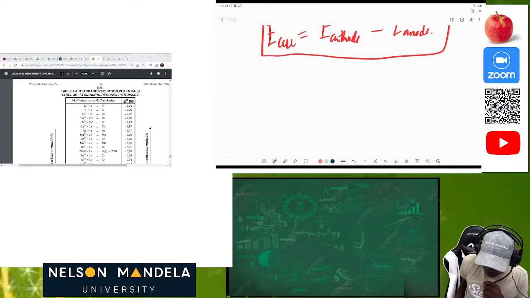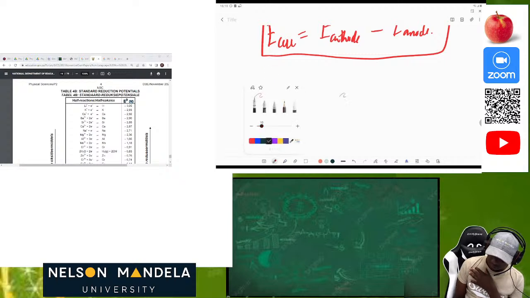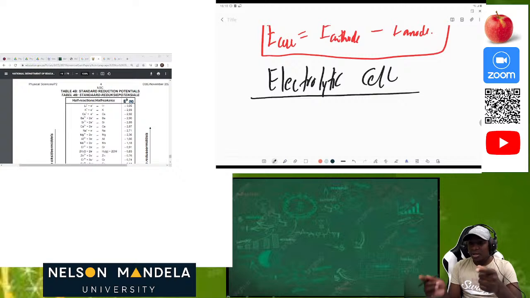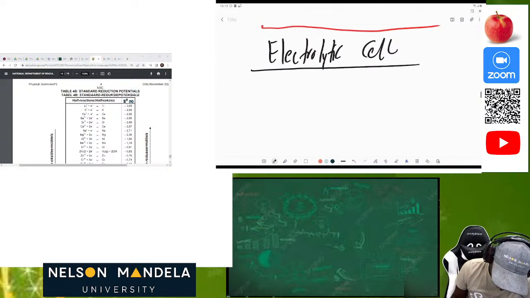Okay, so now let's draw maybe one example for this electrolytic cell. It's a cell which converts the electrical energy into the chemical energy.